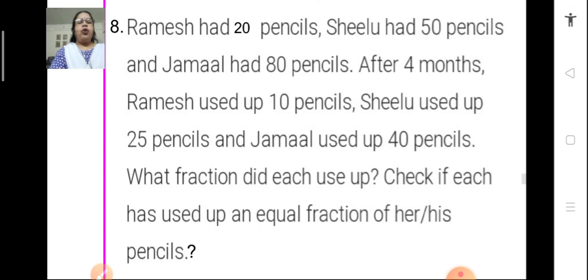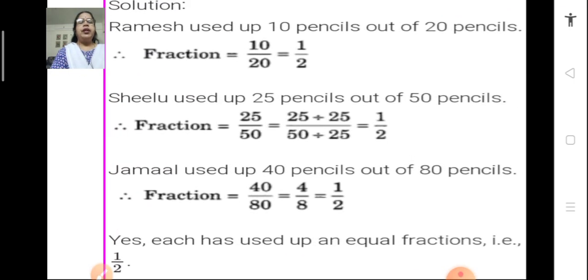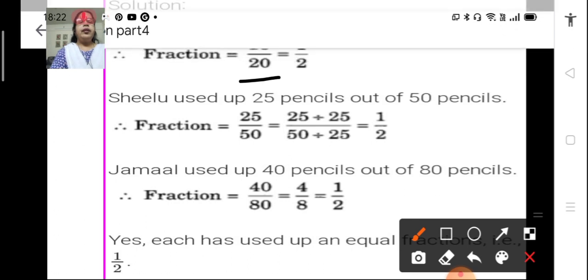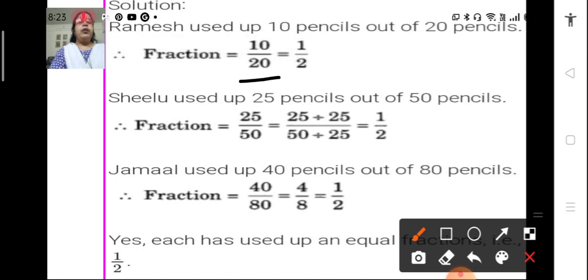Alright, so what fraction have they used up? Here first one, Ramesh used 10 pencils out of 20 pencils. That means the fraction is 10 upon 20 and its equivalent fraction in the lowest form is 1 upon 2. Similarly, Sheelu used up 25 pencils out of 50 pencils. So the fraction will be 25 upon 50.